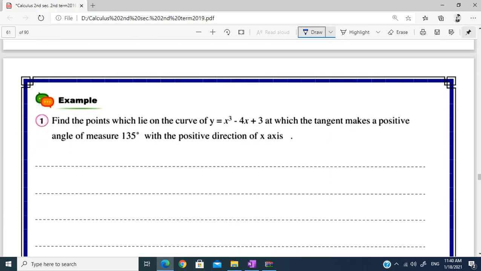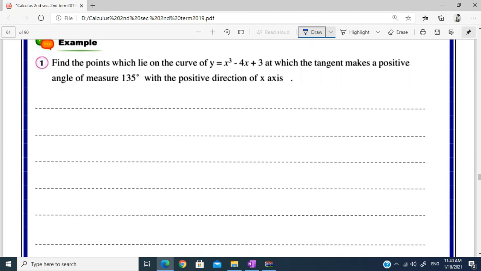The first question here is: find the points which lie on the curve y equals x power 3 minus 4x plus 3, at which the tangent makes with the positive direction of the x-axis an angle of measure 135. First I will find the derivative of the function, so dy by dx equals 3x power 2 minus 4.